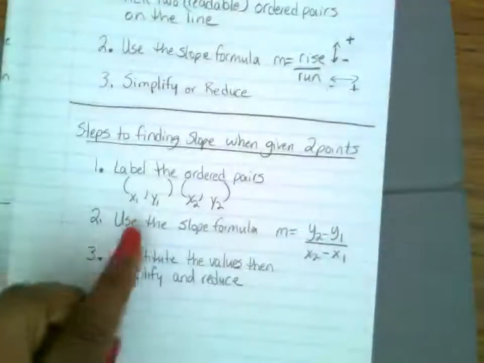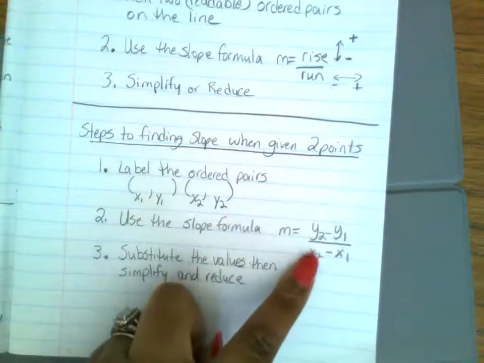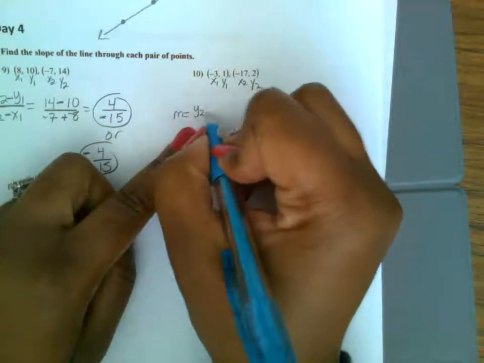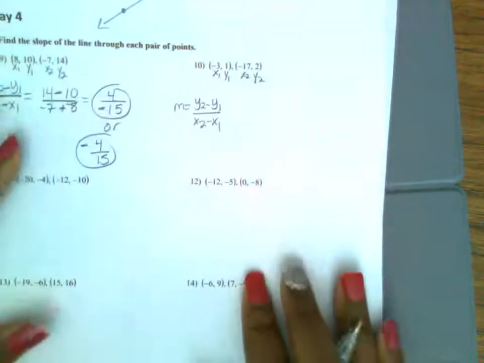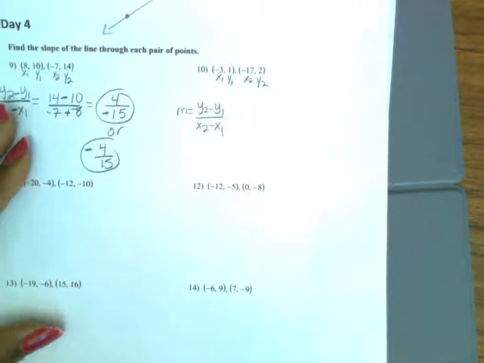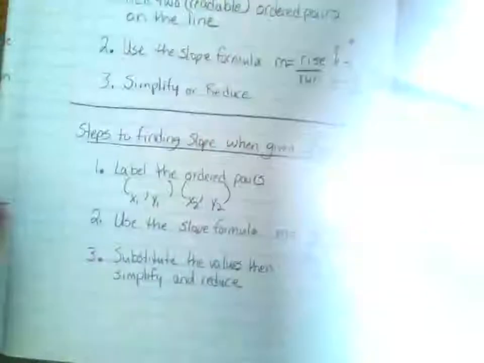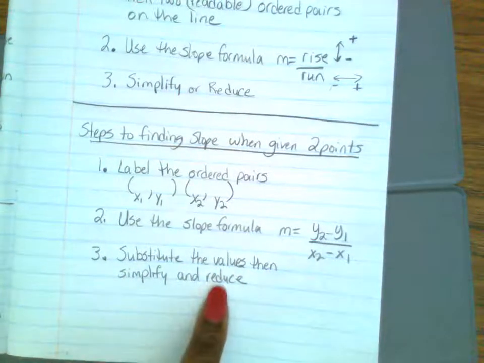The second step, you're going to use the slope formula, y2 minus y1 over x2 minus x1. So we're writing that down. M is equal to y2 minus y1 over x2 minus x1. We okay? Okay. The third step, final step, we substitute the values, then simplify and reduce.